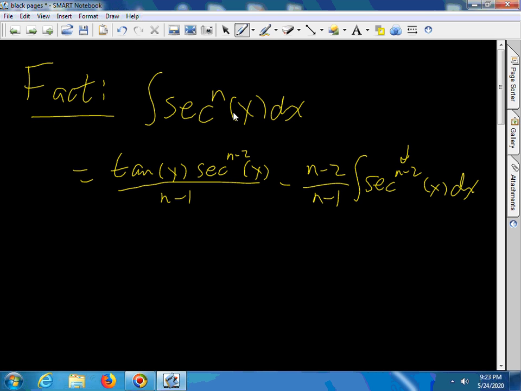Notice the reduction in the power of this integral. It went from n to n minus 2.